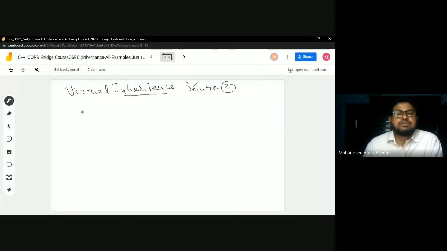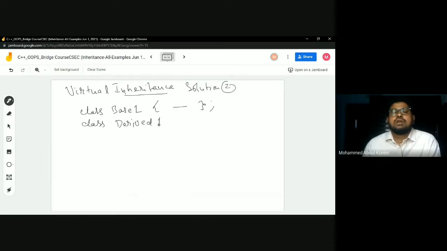So the first one is I have base one. I just say base one, then I will have some code to be written. Then I have derived one, which is inheriting what?